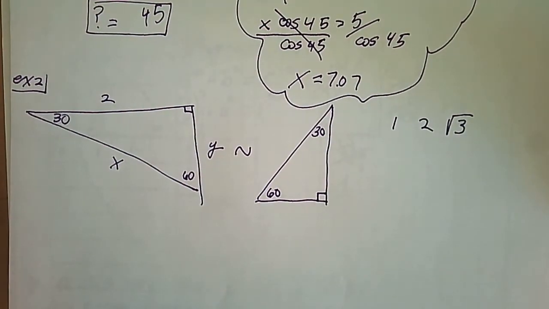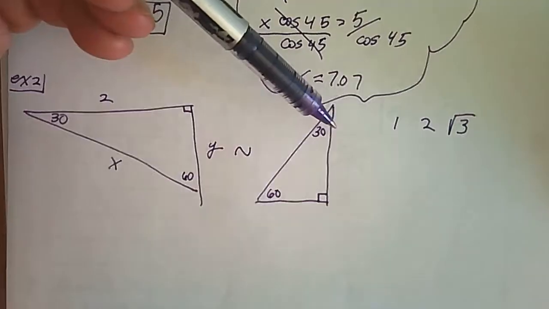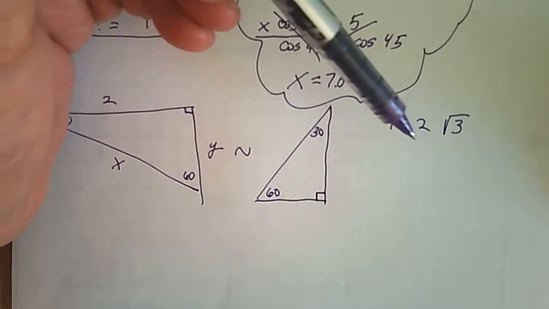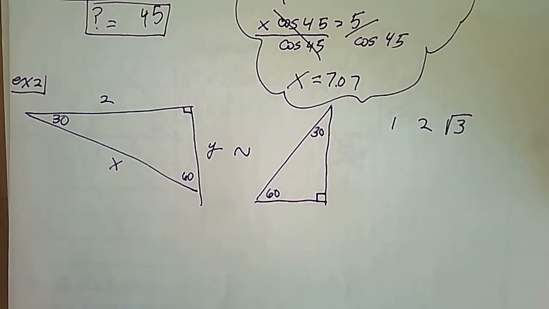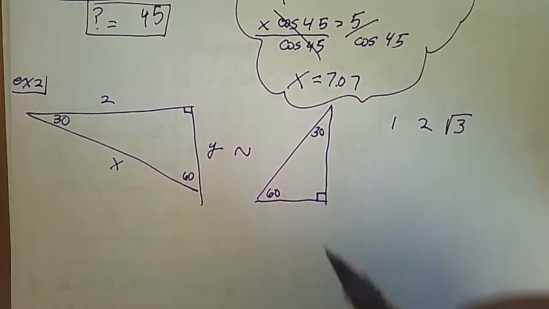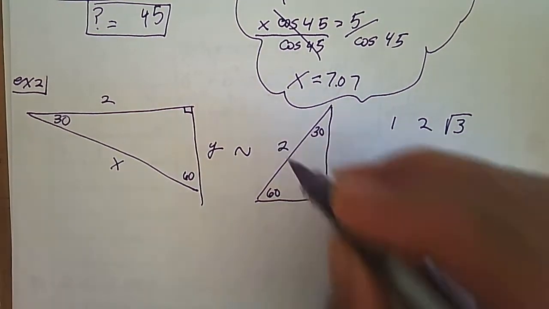Now, the hypotenuse is this side right here, and this will be the biggest number. Who's bigger? 1, 2, or radical 3? Radical 3, if you calculate, is like 1.6. So the biggest number is 2, so this side will be 2.